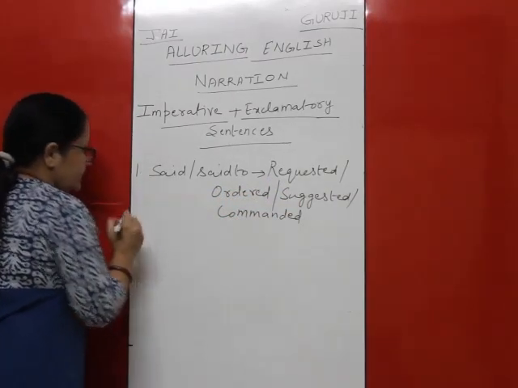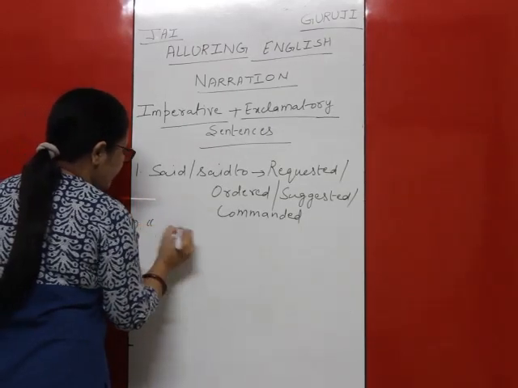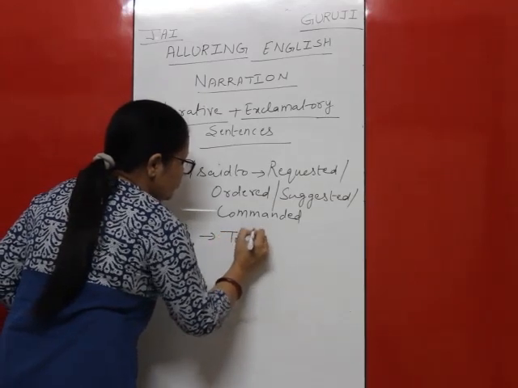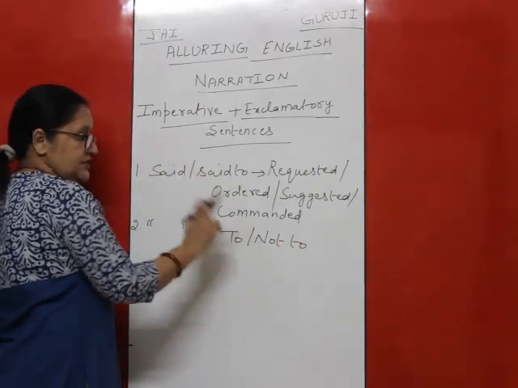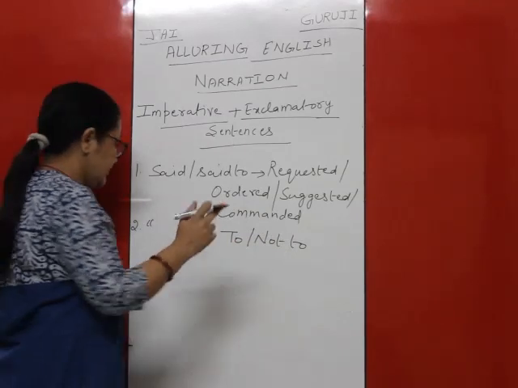In the same way, when we are talking about inverted commas, they will be converted into to or not to. When my sentence is a negative sentence, I have to remove the inverted commas and I have to write not to here.